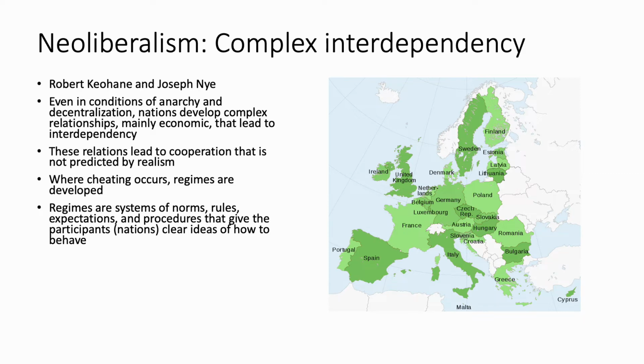So, this is an important concept in international relations, and it is an important aspect of our foreign policy, because presidents have differing, I guess you would say, faith in the power of these regimes to keep nations in line. We have some presidents who believe that we should be involved with the world. We should be involved in international organizations, and they believe that we can trust nations to cooperate with us.